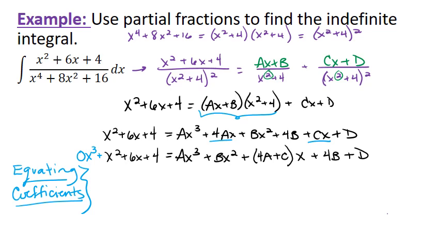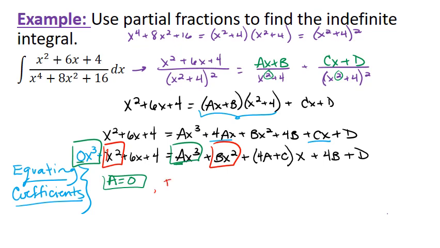So that's like saying 0x cubed. Well, I'm going to equate this to this. So this needs to equal this. And the only way that will happen is if a is equal to 0. So equating the coefficients. All right, let's do the same thing with the x squared term. Well, in order to equate these coefficients, 1 must be equal to b.